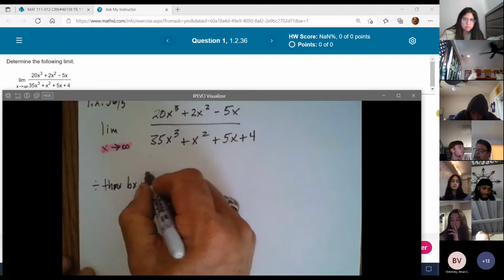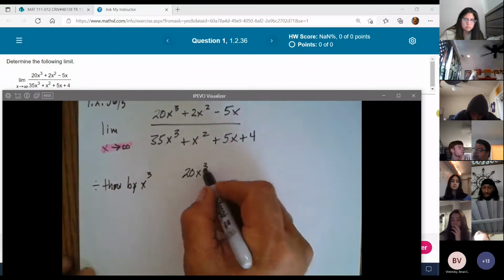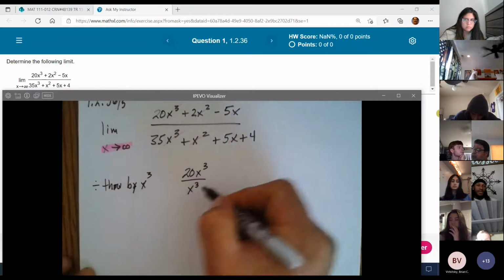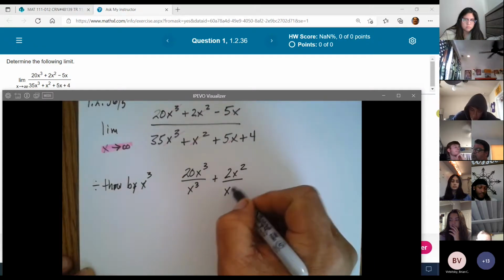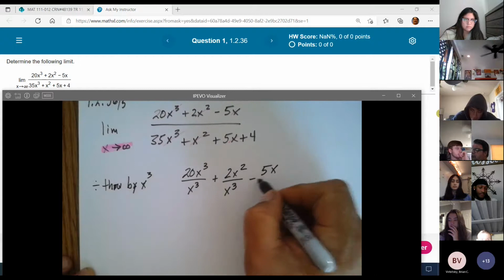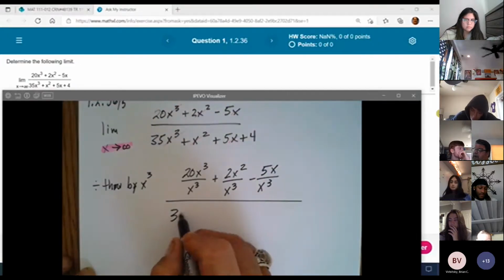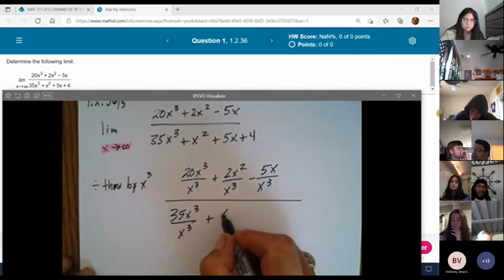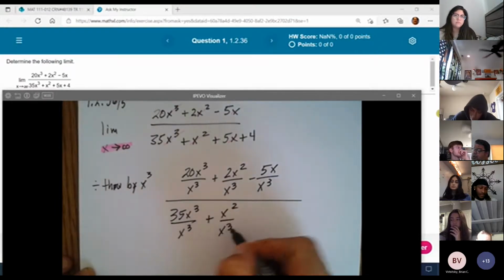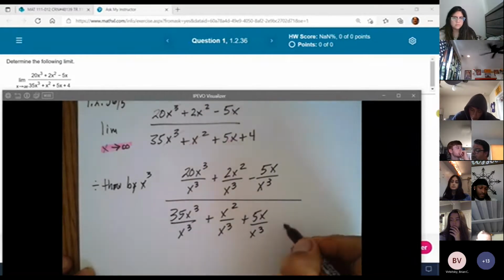So 20x to the third over x to the third plus 2x squared over x to the third minus 5x over x to the third, over 35x cubed over x to the third plus x squared over x to the third plus 5x over x to the third plus 4 over x to the third.